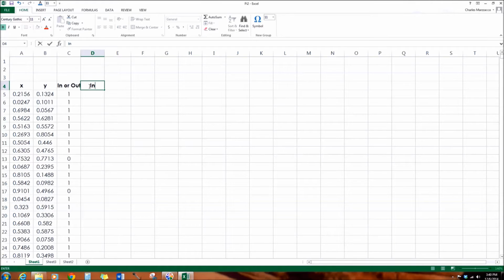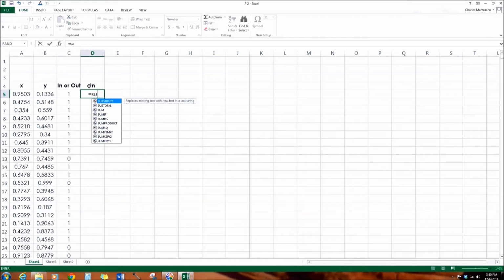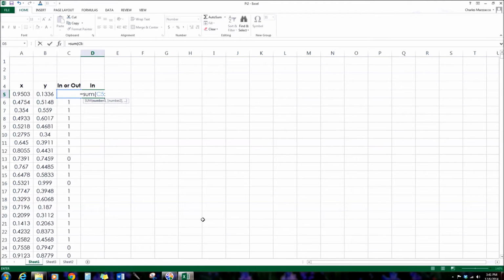Okay, so we're going to count. Equals sum. So only the ones with 1 are counted. Parentheses, C5 colon, C10310.